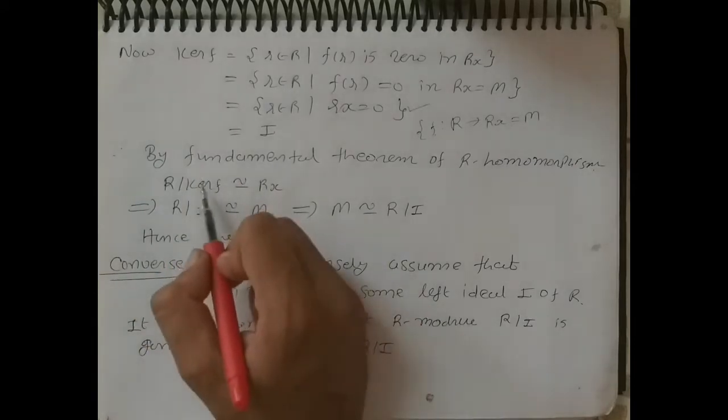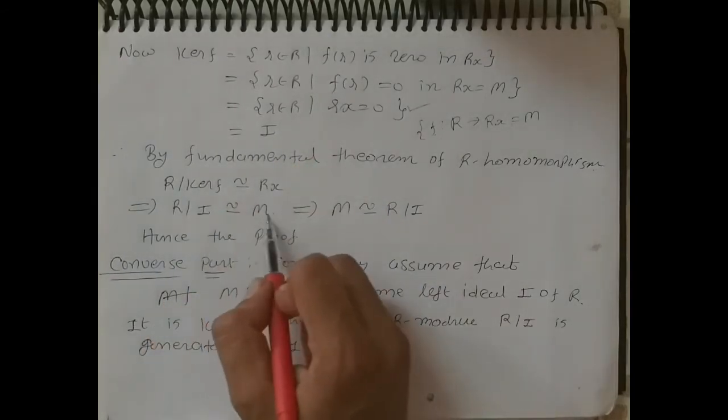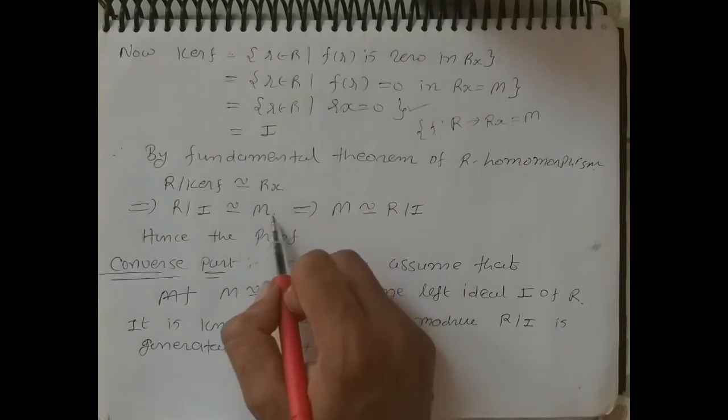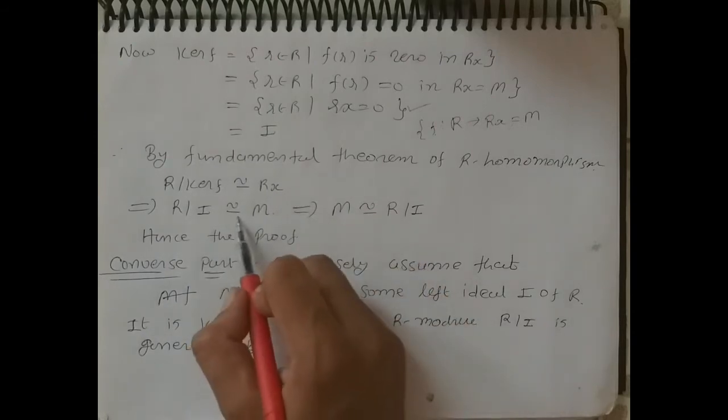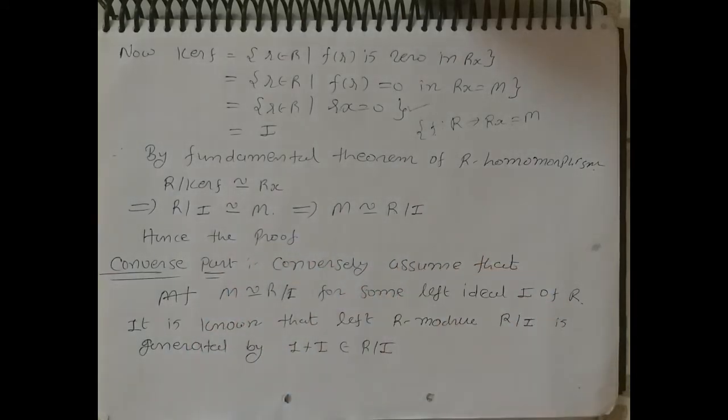Now kernel of f is equal to I, so R quotient I is isomorphic to Rx is equal to M. This implies, now isomorphism is an equivalence relation, so M is also isomorphic to R quotient I. Okay, this gives the proof of our if part.